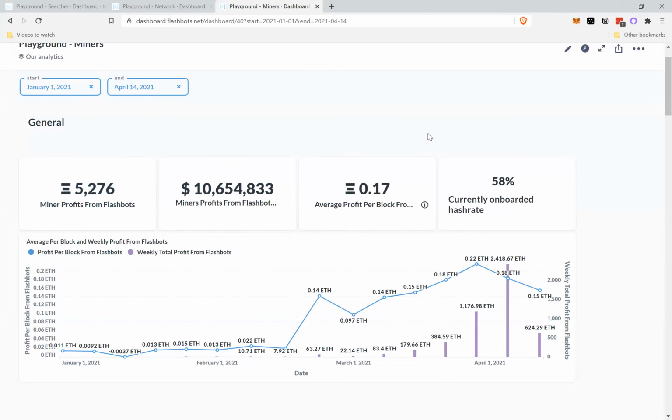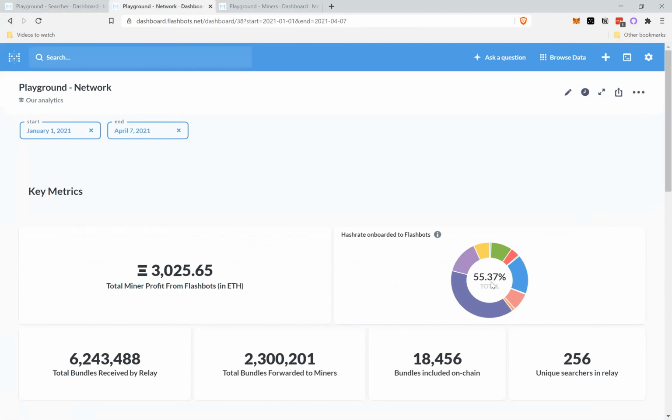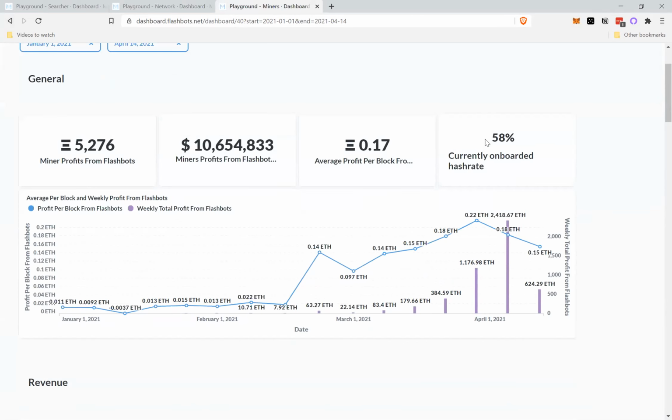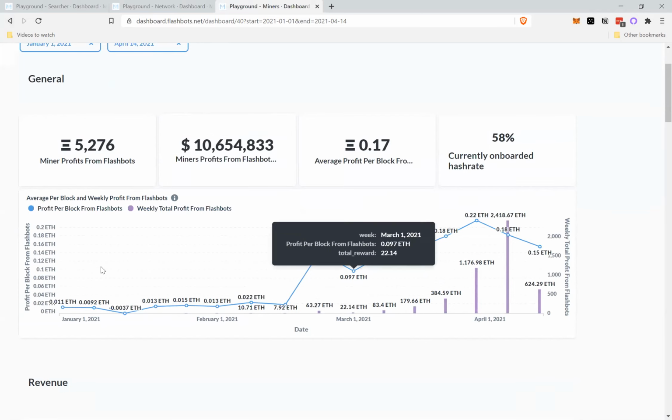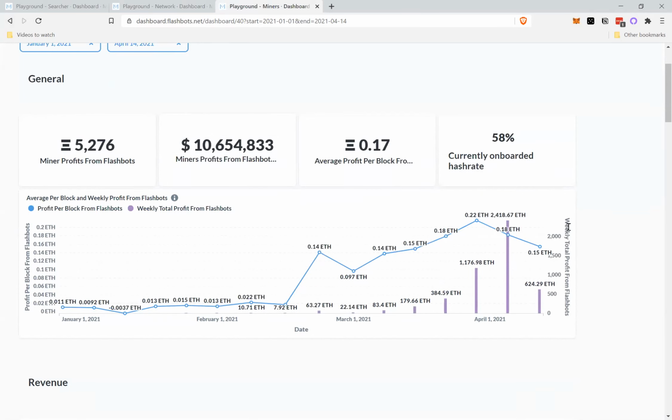When you look at it over time, we are getting an average of 0.17 extra ETH to miners that are running MEV-Geth. And this is a slightly outdated number, but the currently onboarded hash rate, as you saw before, is a little bit less than that. Yeah, 55%. So that needs to be updated. And you can look at this average per block profit and weekly profit from Flashbots over time, again, up and to the right.